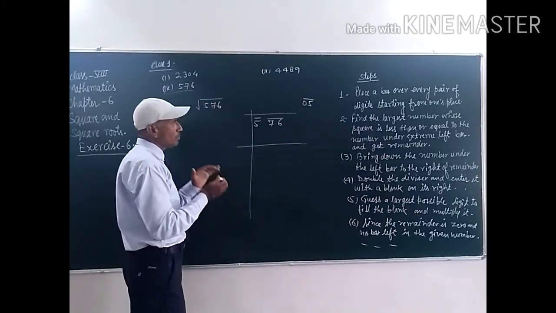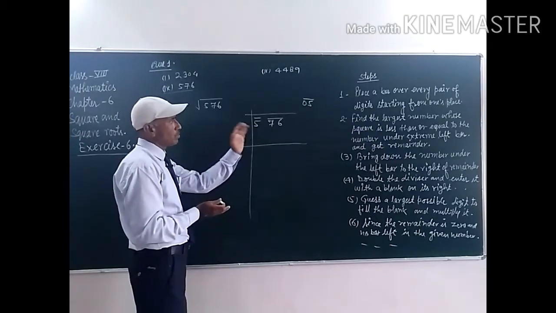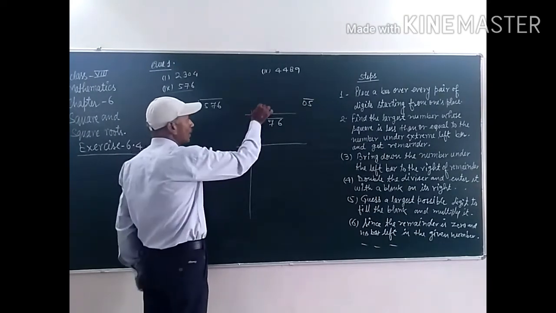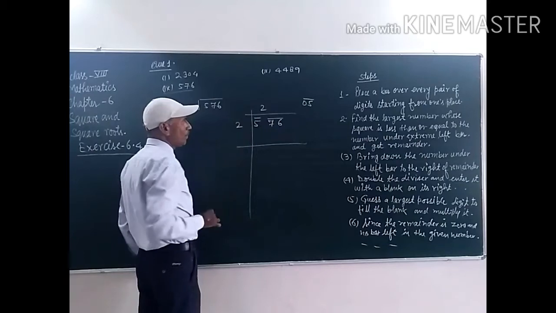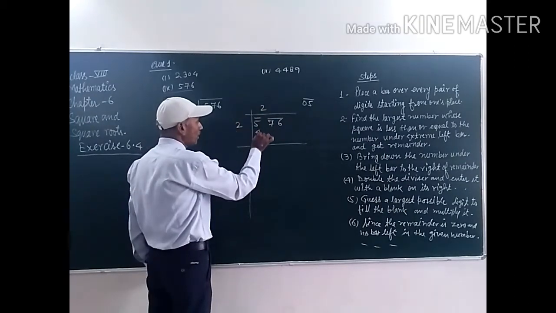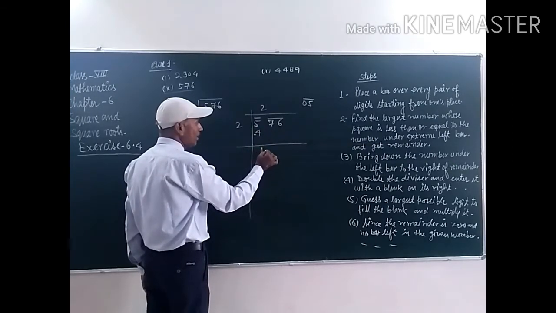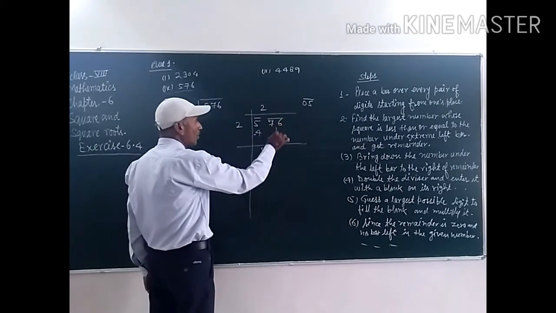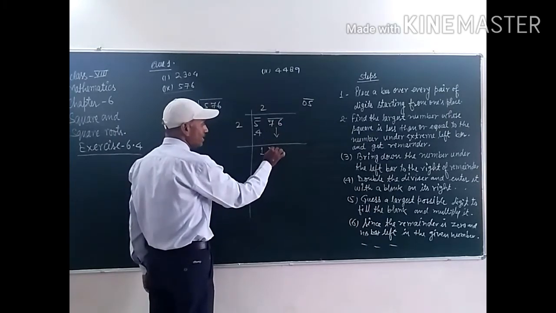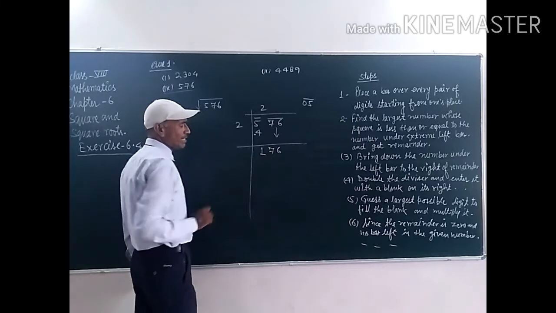Now choose a number whose square is less than or equal to 5. 2 twos are 4. So we have taken 2, and multiplying 2 into 2 gives 4. Subtract, and the remainder is 1. Now put down the next pair, 76, to the right of the remainder, that is 176.